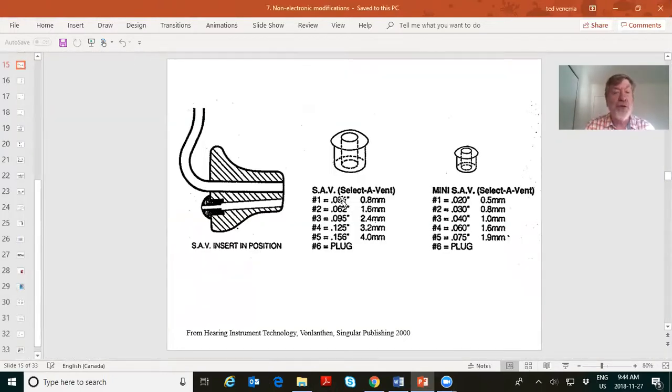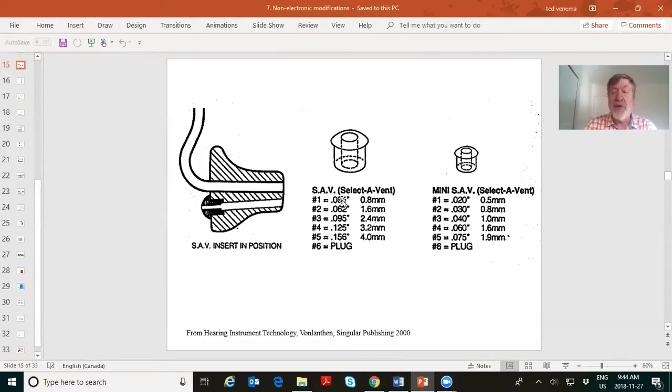You've got a hole dug into the mold, the bottom tunnel that you can see on the left, and the black plug there is the Select Vent. And they are in different millimeter widths. So you can choose based on what your client says or what your software says you want to do, okay? This is going to be in a mold.